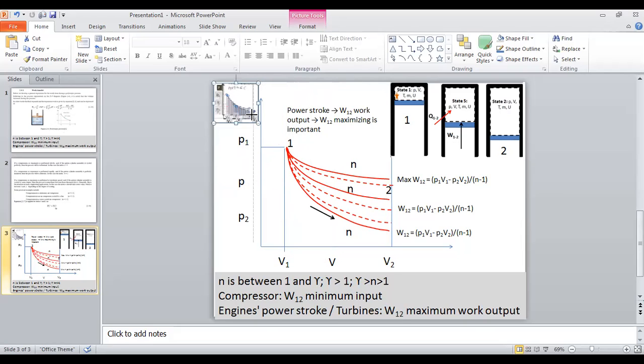So this is PV to the power n constant. That is a polytropic process, as you see here.